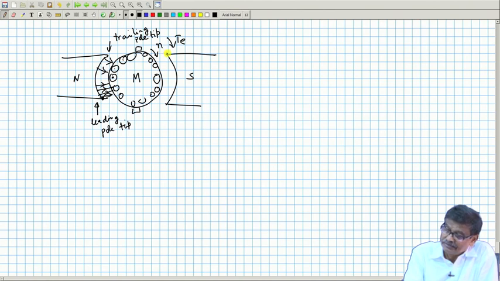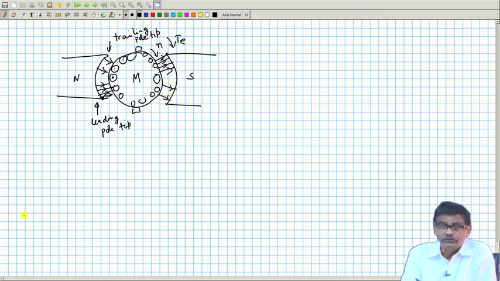This one. Lines of force will be concentrated and it will be rarefied there. So, do not get disturbed by the fact that somebody has drawn it differently, it remains the same.